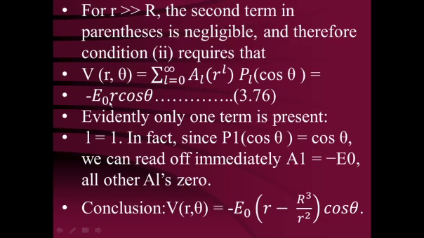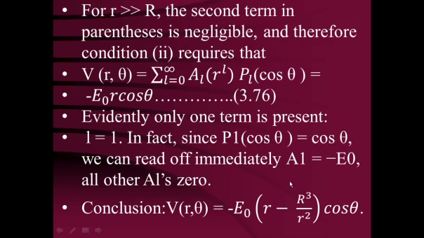So, this way we find out the value of the coefficient A1. Evidently, only one term is going to be present, that is L is equal to 1. In fact, since P1 cos theta is equal to cos theta, from this we can conclude that only the L is equal to 1 term is going to exist, and from that we find out that A1 is equal to minus E0. All other Als are going to be 0.